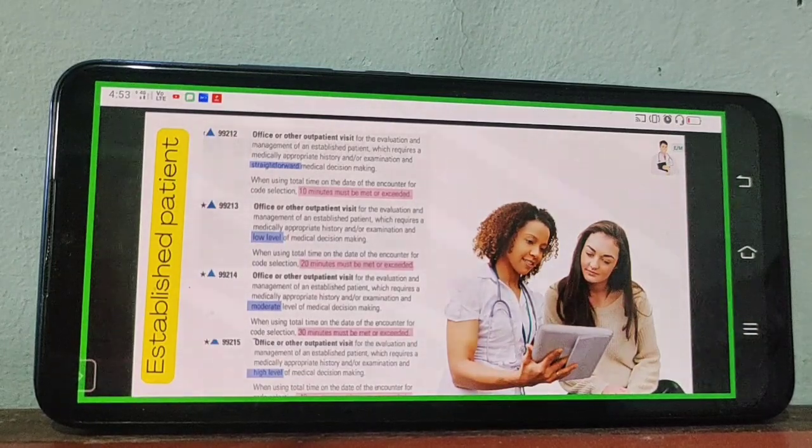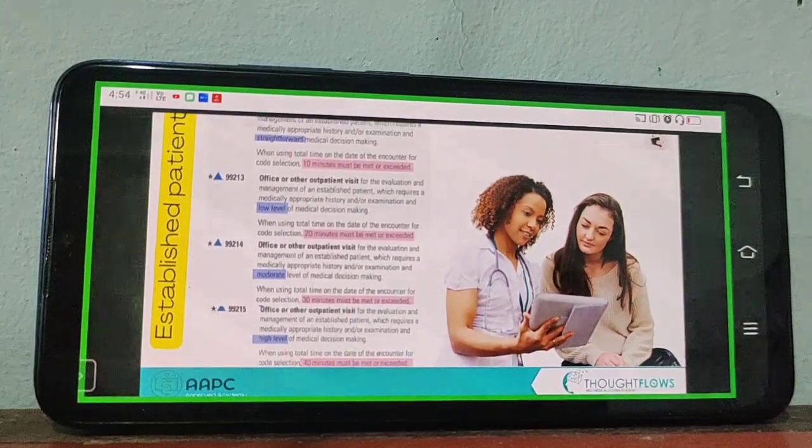That is the 2024 update. That means in your document, the provider must give the exact time for that service. Then straightforward 10 minutes, 99212. Low MDM 20 minutes, 99213. Moderate MDM 30 minutes, 99214. And high MDM 40 minutes, 99215.